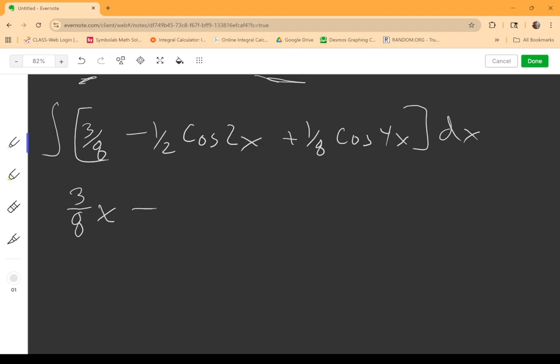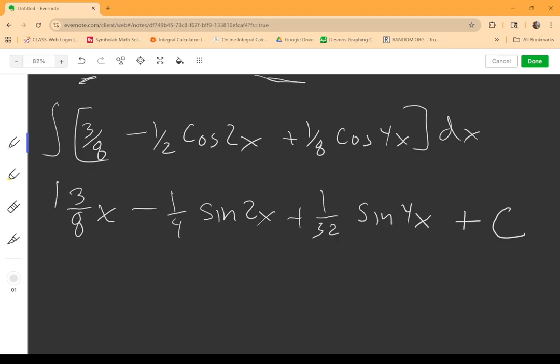That's a half, not 2. So I have to make sure I divide it in there, right? So divide it by 1/4 sine of 2x. Same thing here, right? Derivative of 4x is 4. I don't see it out here. So divide through by 4 or multiply by 1/4. And we get sine of 4x. And as always, don't forget your plus c.